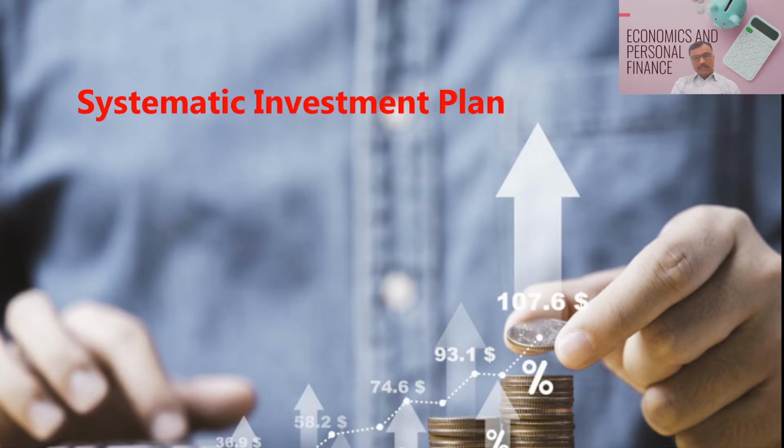So how does it reduce the risk? Just take a simple example. When you invest a fixed amount regularly, you are not putting all your money in at once when the market is high. Instead, you are spreading out your investment. This can help minimize the ups and downs, which are the inherent property of the stock market.